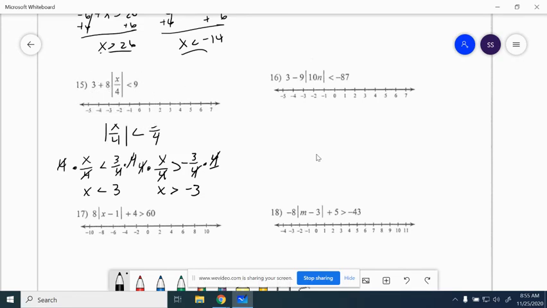So let's go ahead and circle those. One's here, one's there. Let's do the positive one first. X is less than 3, so it's smaller than, so it's going to be going this way. And X is greater than negative 3, so it's going to be contained between these 2 points. So X can be any value in between positive and negative 3, but not including them.